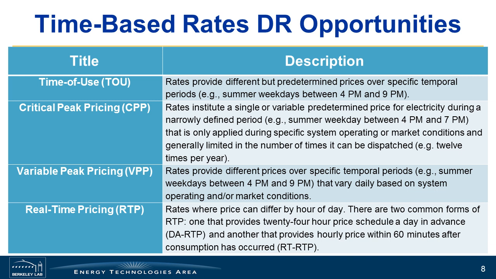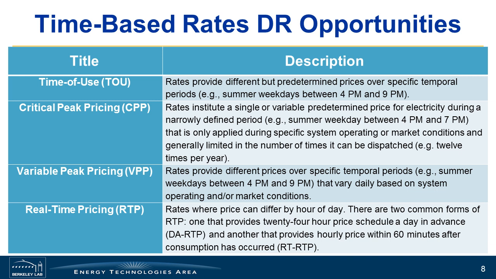Variable peak pricing is very similar to critical peak pricing, except that the peak period price ratio can change from one day to the next. So it doesn't have to be necessarily 75 cents per kWh every hour that it's called or dispatched.